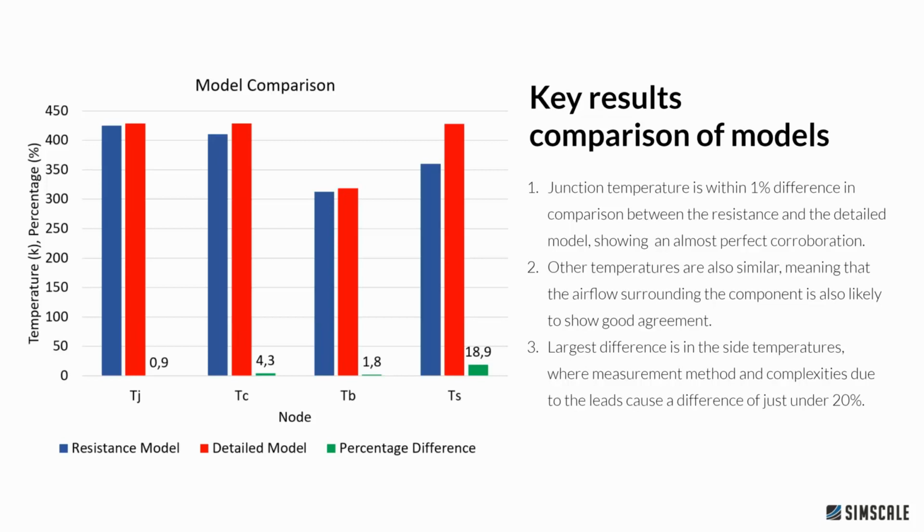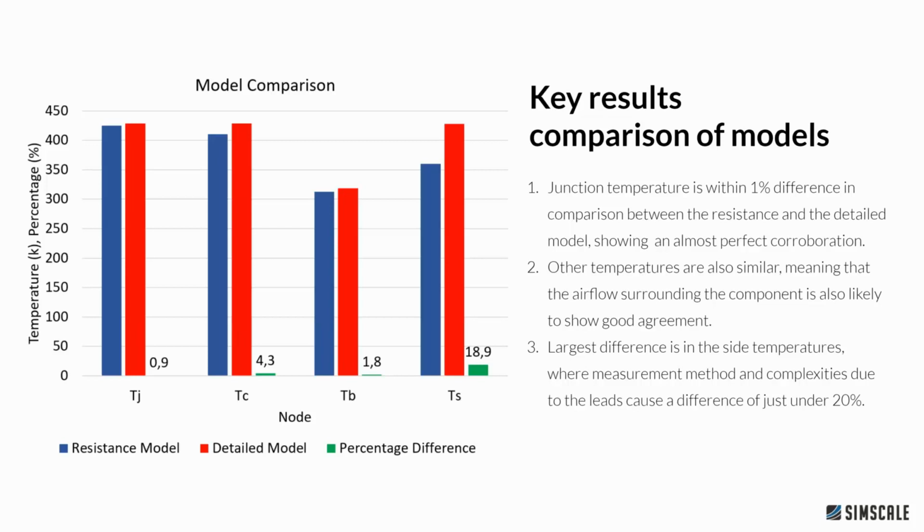But thankfully I did the comparison and the percentage difference was 0.9%. So already there I would say, without looking at anything else, that was a good model. So if I was to do a CFD calculation on some sort of complicated geometry, then I could use these resistance models with confidence to make sure that the components haven't failed.